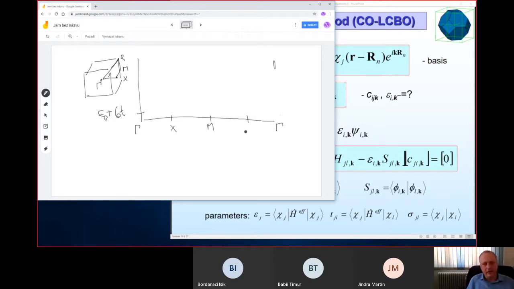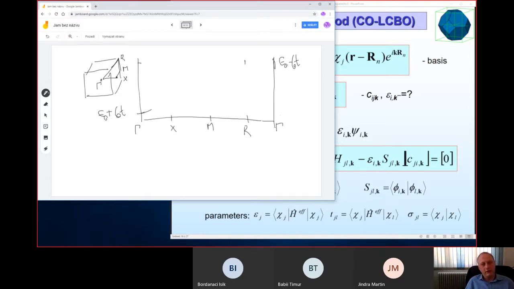Then at the R point we would probably have the highest energy, E0 plus 6t, with t being negative, so we would have the highest energy here.